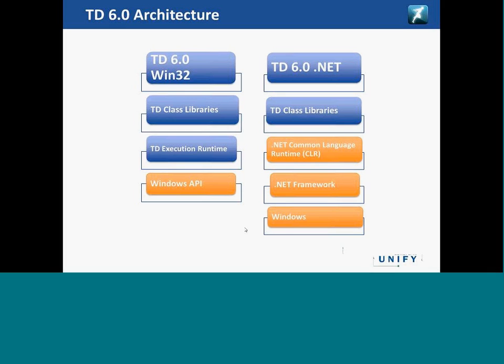So this is very important to know. Most of these issues are related to these API calls or external function calls. So we don't have any big issue or showstopper with your existing source code to bring it to Team Developer 6 Win32.